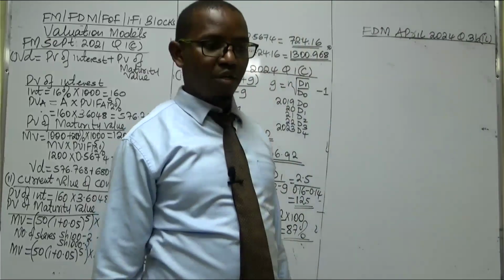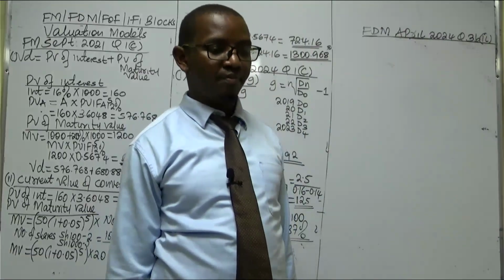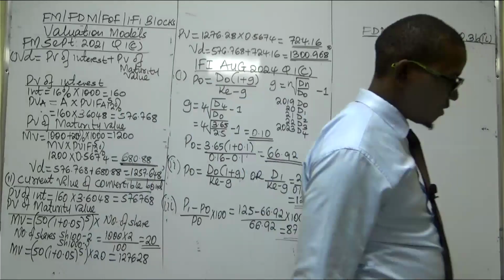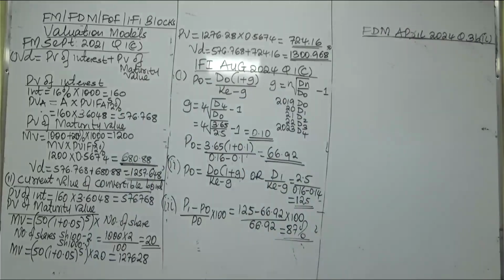Financial Decision Making, August 2020, April 2024, 3B, Roman number 2.